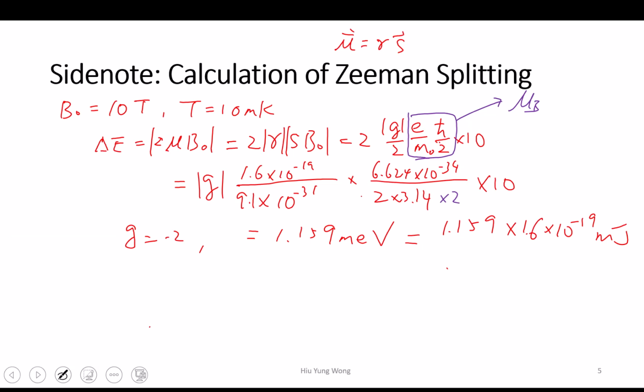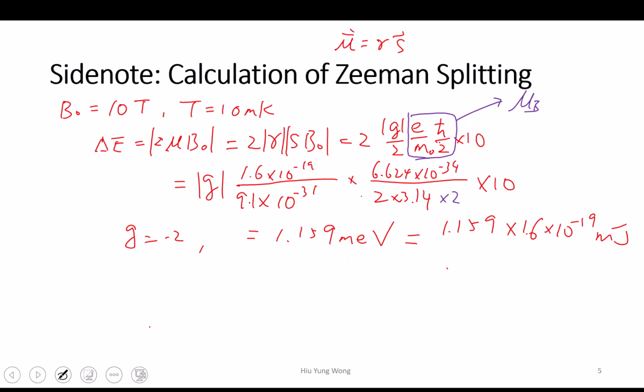Then I get it in terms of eV. I think everyone should know how to convert joules to eV. Is this okay? Okay, good. Now you see that the separation is pretty large, 0.1 meV, okay?